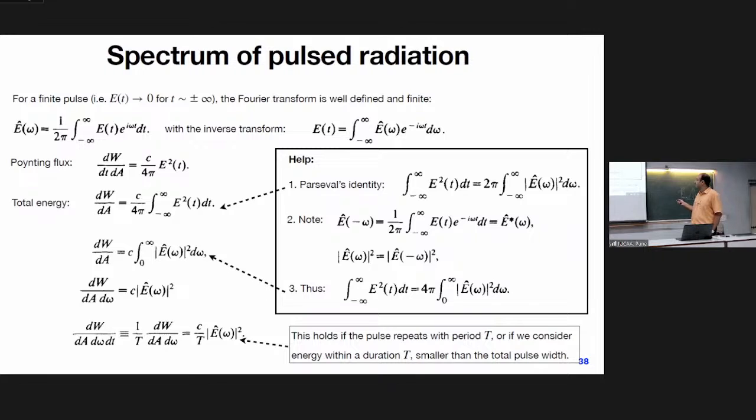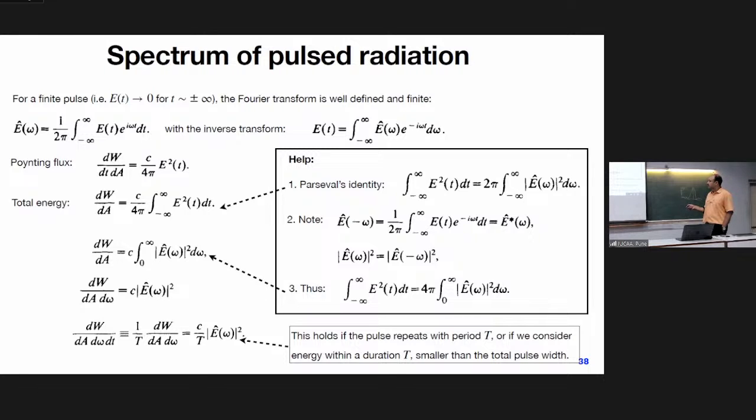If you are not familiar with this, I suggest you look up any standard book on Fourier transforms. And also, since the integral here is symmetric about omega 0, you can transform it to go from 0 to infinity and multiply by a factor. So this entire integral here, you can transform in terms of |E(omega)| squared from 0 to infinity.